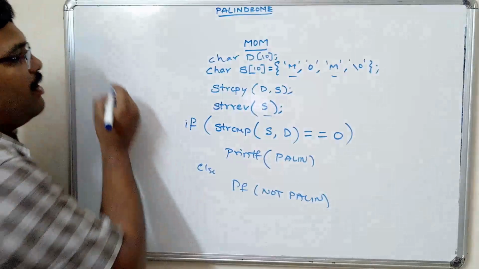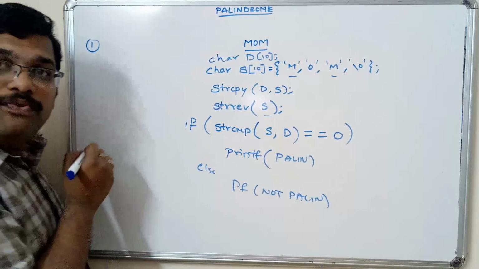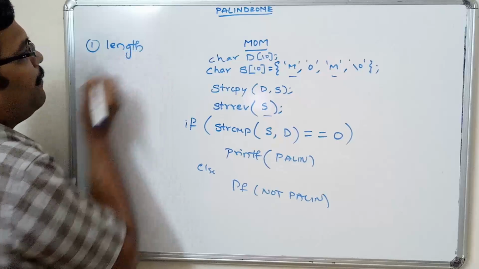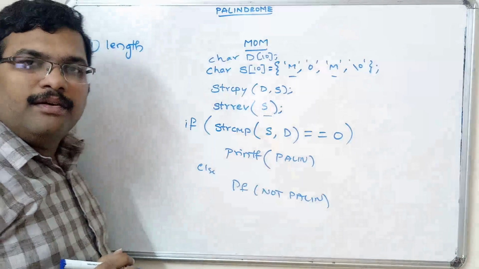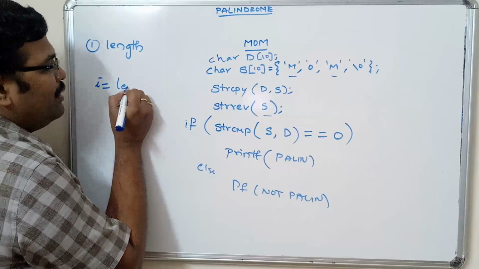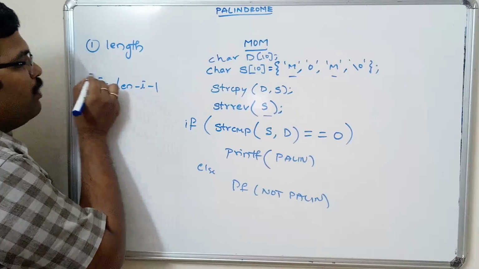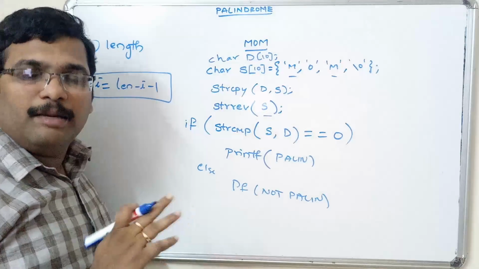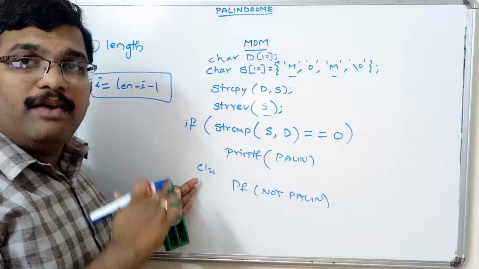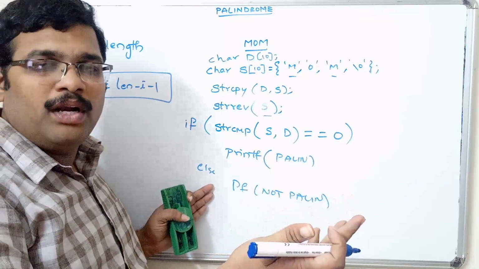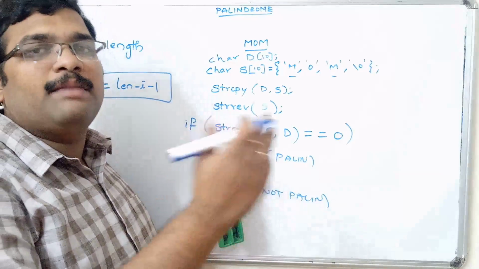For this, first of all, we have to find the length of the string. Then compare I with length minus I minus 1. This condition will check each and every character. That means the first character is compared with the last character, the second character is compared with length minus 1, and the third character will be compared with length minus 2.